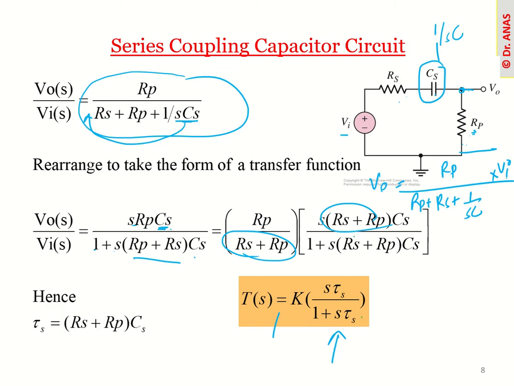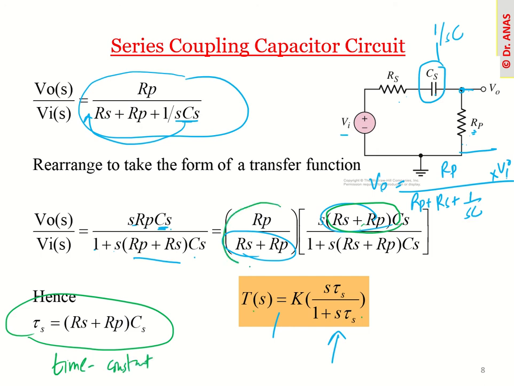Basically, this complete component we can represent using tau, which is called the time constant. So the transfer function is a constant k times s times tau, divided by 1 plus s times tau.